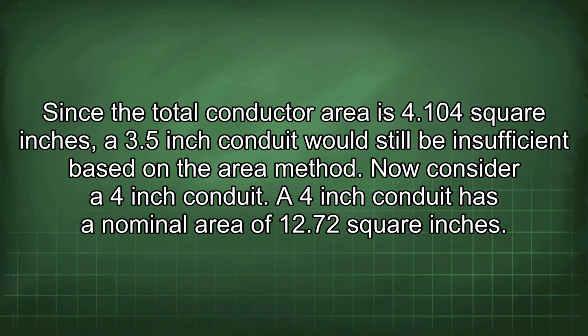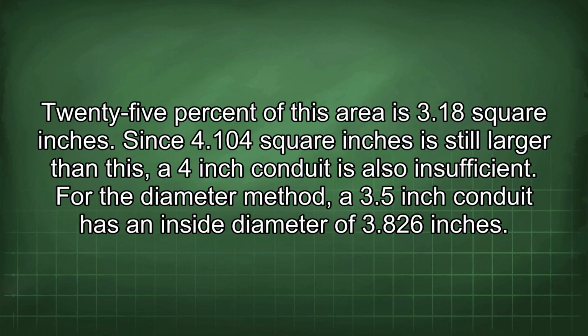Since the total conductor area is 4.104 square inches, a 3.5-inch conduit would still be insufficient based on the area method. Now consider a 4-inch conduit. A 4-inch conduit has a nominal area of 12.72 square inches. 25% of this area is 3.18 square inches. Since 4.104 square inches is still larger than this, a 4-inch conduit is also insufficient.